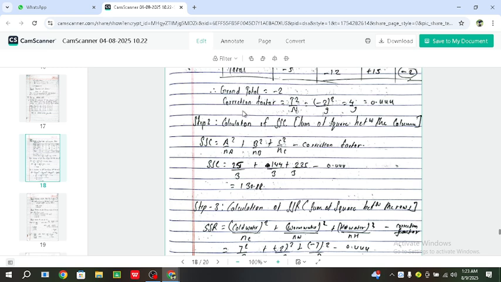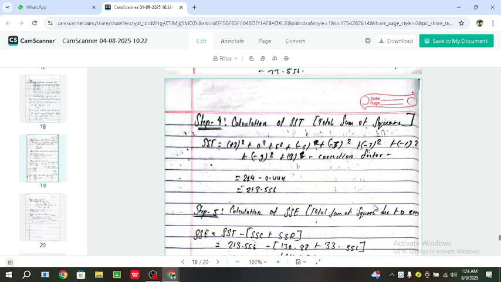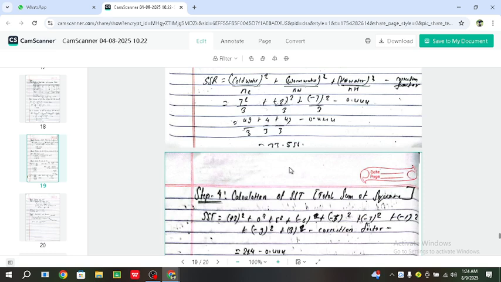Step 1 is grand total and correction factor. Step 2 is sum of square between the column, and step 3 is sum of square between row, and step number 4 is calculate the SST, that is total sum of square. That means we have to add and minus the corrected value. Others, nothing we have to do.